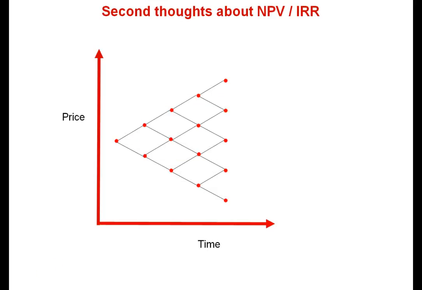In the early 1980s, the academic world began to have second thoughts about net present value and realized that in a business context it perhaps wasn't the complete answer. So what I want to do on this slide is to explain why that is the case.